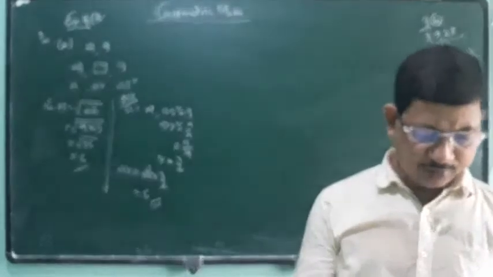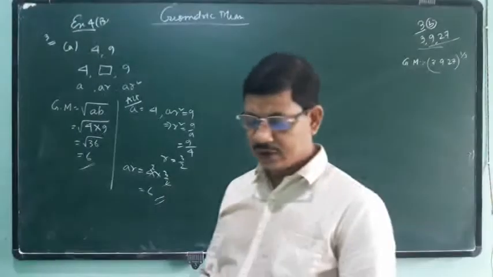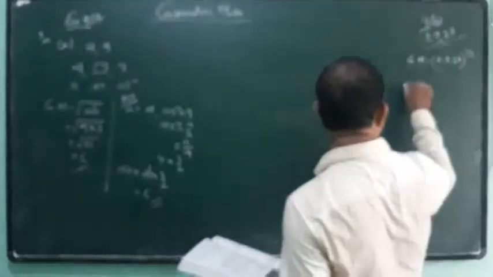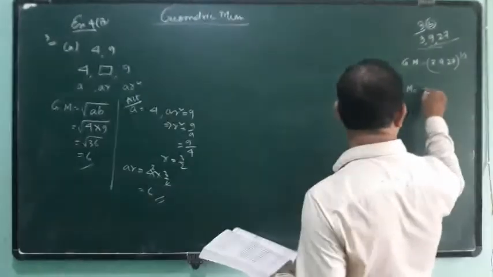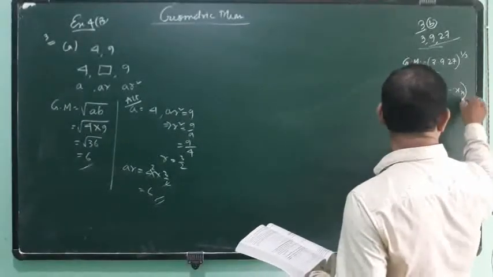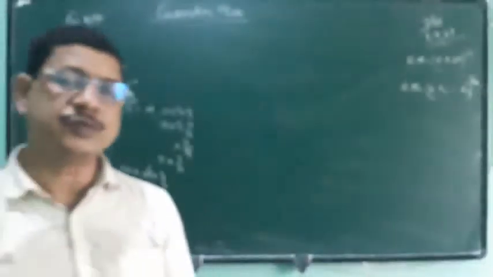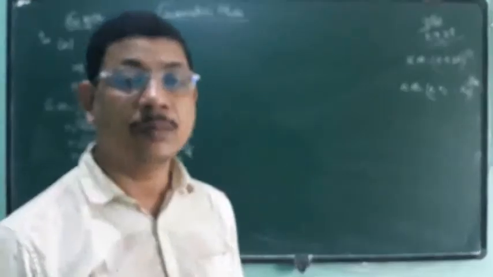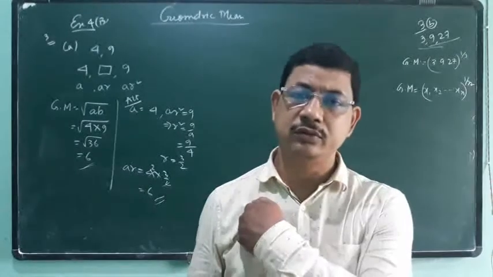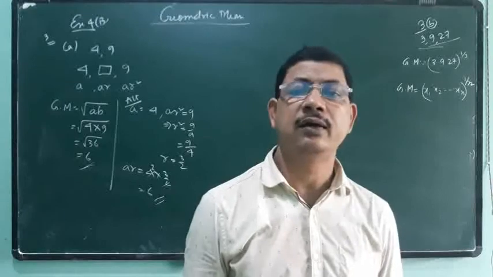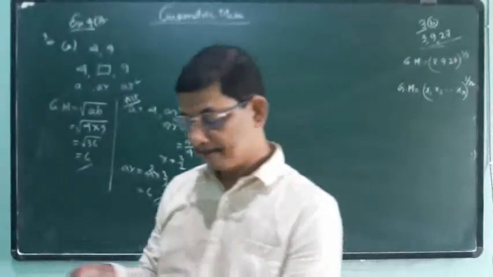The geometric mean is the nth root of the product. So the geometric mean of n numbers x1, x2, ... xn is the product to the power 1 by n. For the calculation, nowadays the calculator may or may not be allowed, but logarithms are commonly used for finding this calculation.